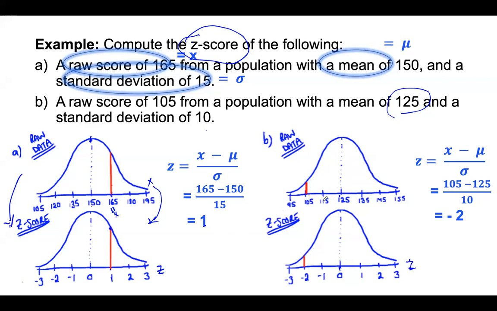We could draw a picture and calculate it, and we can see the Z score is going to be -2. It's 2 standard deviations away from the mean.